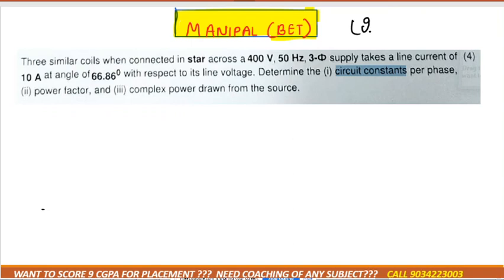Question from the paper 2020, right? In this, they said three similar coils, when connected in star across a 400 volt, 50 hertz supply, the line voltage is given as 400 volt, and the frequency is 50 hertz.